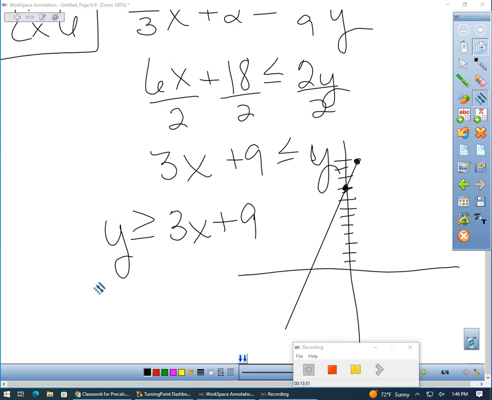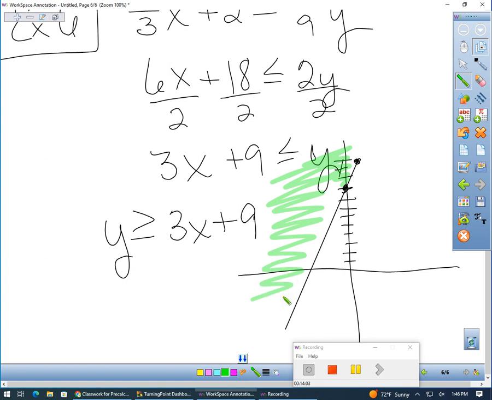And last but not least, are you going to shade above or below? Above. So again, we look at that y-axis, and we want to make sure we shade where it's above on the y-axis. All right? Make sure when you shade it that I can tell the difference whether you have a solid or a dashed line. Okay? And it's just enough to show me you know that that's where it's supposed to be shaded.